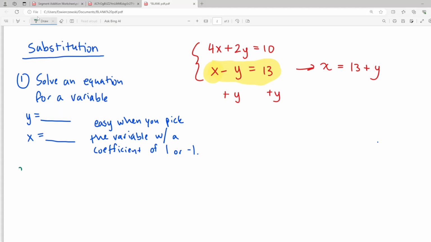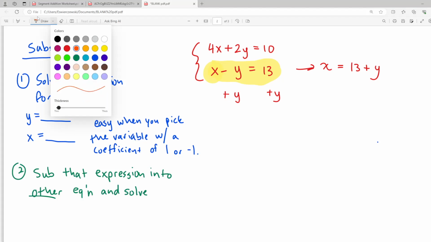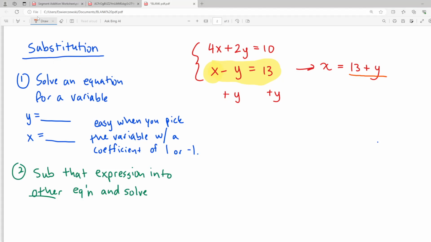Then we will substitute that expression into the other equation and solve. So I now have an expression that is equal to x, 13 plus y.